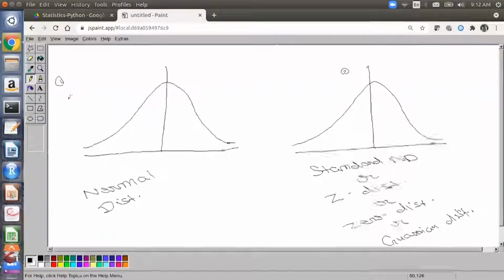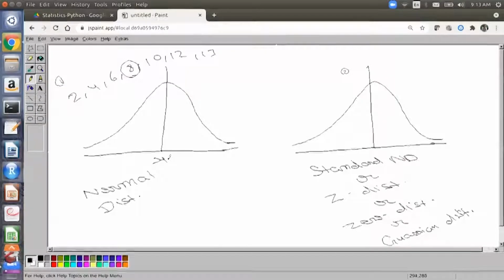Suppose I have a data set 2, 4, 6, 8, 10, 12, something like that. Or one more, I will take 1, 2, 3, 4, 5, 6, 7, an odd number. So for example, right now, what will be the mu here? 8. What will be sigma? 2.